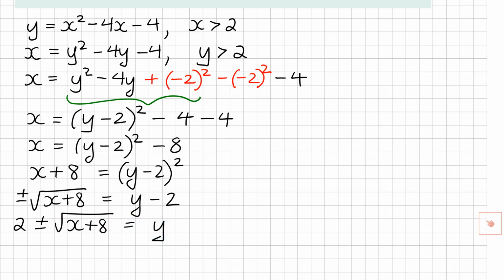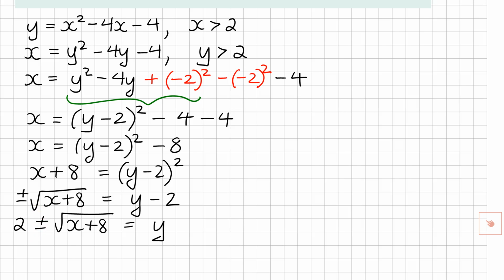Now at the moment we have a problem, because this won't be a function, because each input is giving out two outputs, because what we have here is a plus or minus. So this is a problem. Do we need to deal with the plus version or the minus version?